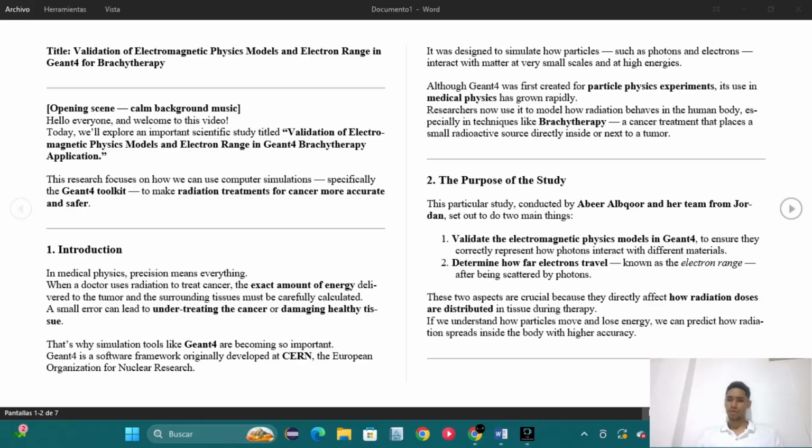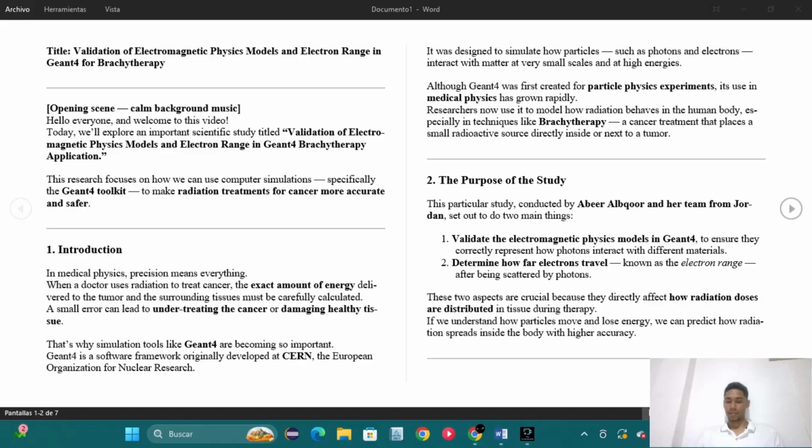The purpose of the study. This particular study, conducted by Award and her team in Jordan, set out to do two main things. One, validate the electromagnetic physics model in Geant4, to see if it correctly represents how photons interact with different materials.